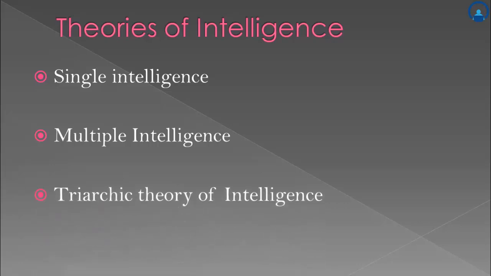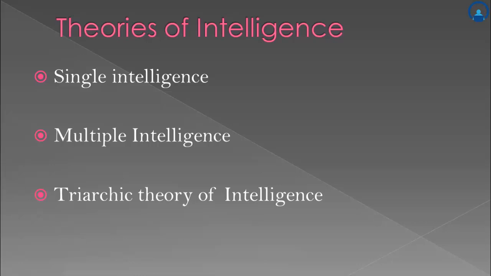Next is the triarchic theory of intelligence. In that category of intelligence, we have three different types of intelligence. It can be analytical intelligence, creative intelligence, practical intelligence. Each person has their own way of dealing with a problem, analytical skill and practical skill.